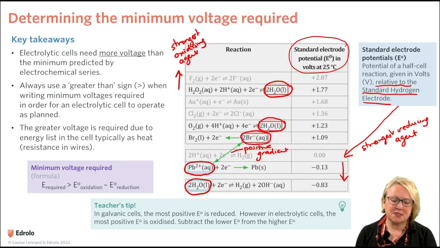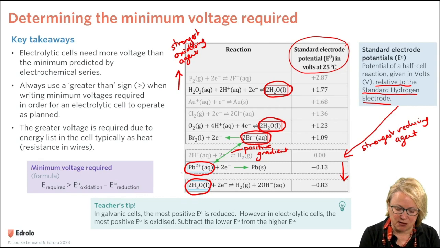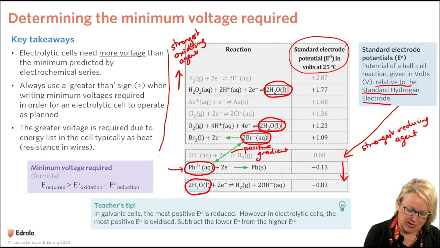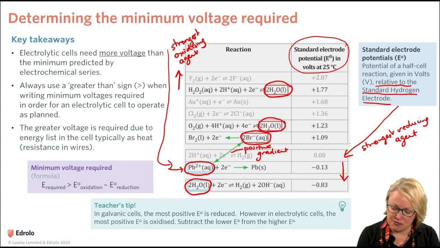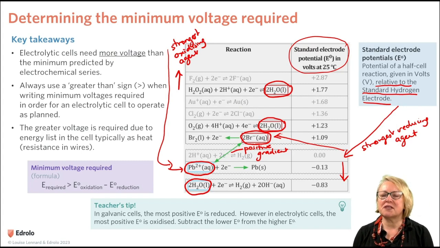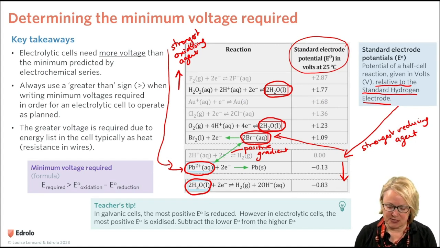Now we have a positive gradient between our strongest oxidizing agent, which in this case is Pb2+ ions, and our strongest reducing agent, which is bromide ions. We have a positive gradient, meaning we need to put in energy in order to make this reaction occur. It's non-spontaneous.